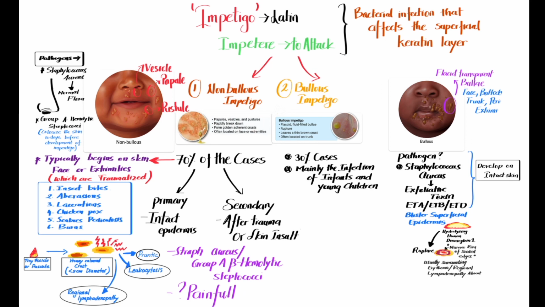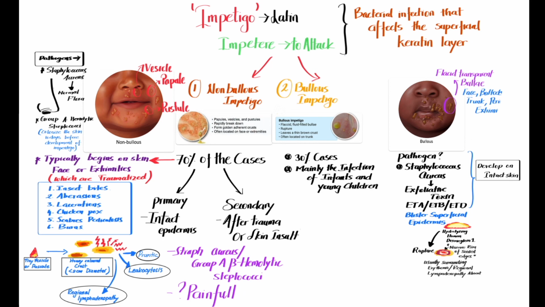So intact skin exposed to these toxins will lead to hydrolyzation of desmoglein 1, which will lead to blisters. These will be flaccid, fluid-filled blisters. Once after maturation, they will rupture. Once they rupture, they will form narrow, raised, scaled edges and a brown discoloration. But typically, they will not form lymphadenopathy or erythema around the surrounding area.